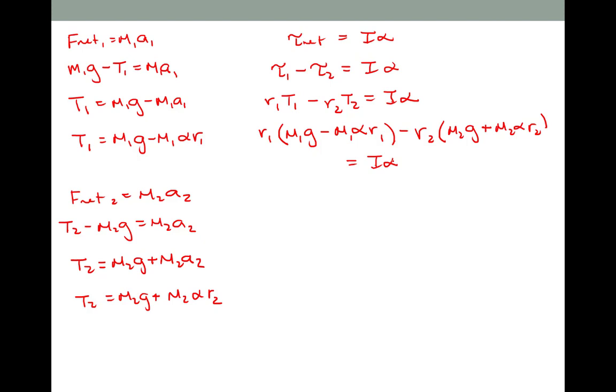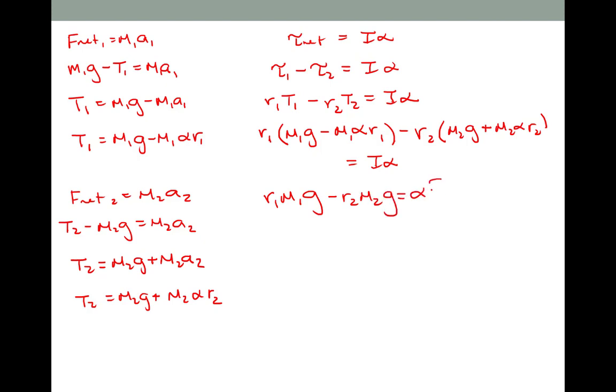I'm now going to distribute through the parentheses and rearrange the equation so that all of the alphas land on one side of the equation and all of the terms without alpha land on the other side. On the side without alpha, I have R1 times m1g minus R2 times m2g.